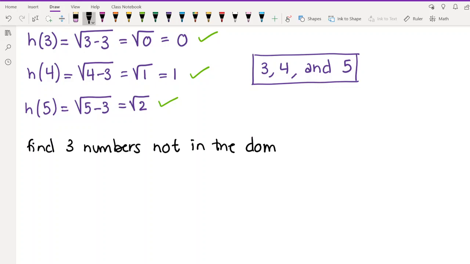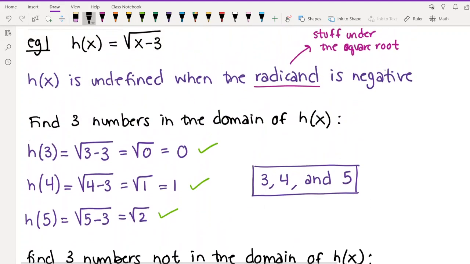So now we're looking for numbers that actually make the radicand negative. Let's take a look at what happened when we were plugging these 3 numbers in. Why was it that we got things that were okay? It's because the number that we were plugging in was big enough that when we subtracted 3 from it, we still got something positive.